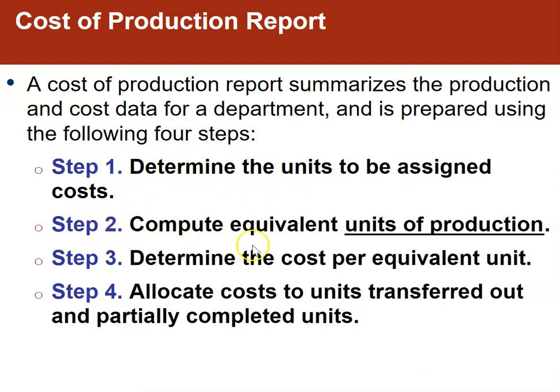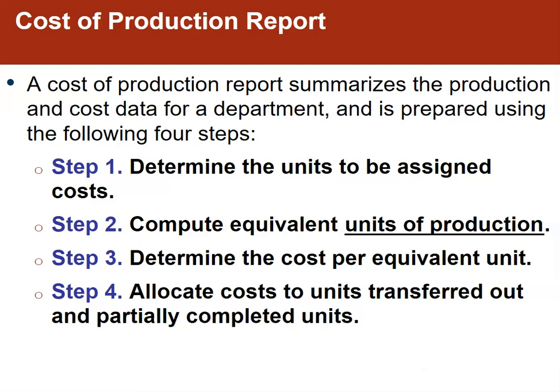Step two, it says compute equivalent units of production. Okay, so in job order costing, we could just say, this is the value of our inputs for this job at the end of the period. In process costing, we're actually going to use a conversion process to say, well, we have these items, and for this type of cost, we're 100% done, perhaps.